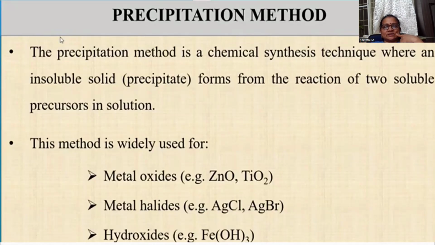Similarly, metal halides, that is silver bromide and silver chloride. So Ag and chloride, if you add together, will result in silver chloride. Similarly, hydroxides, such as ferric hydroxide, Fe(OH)3.